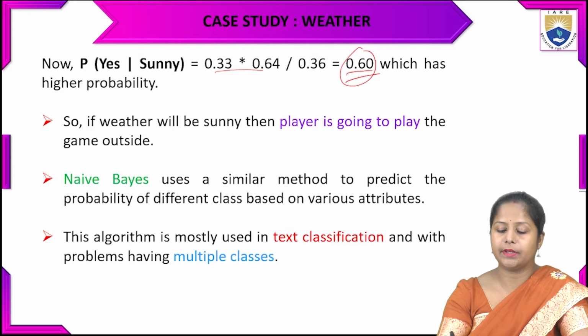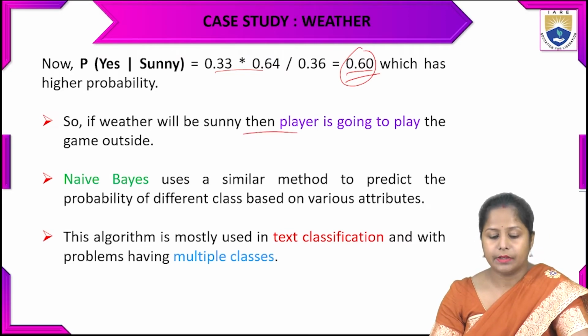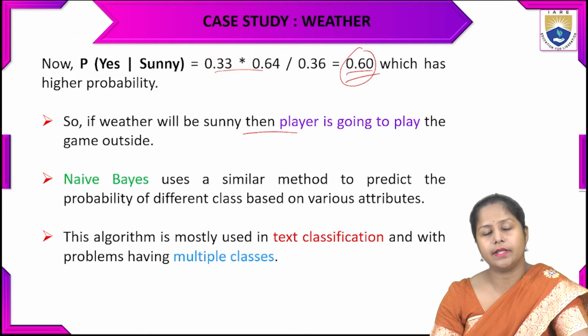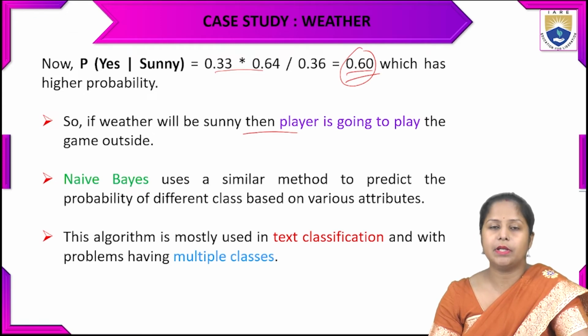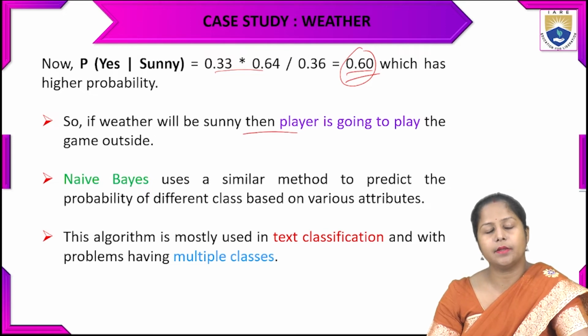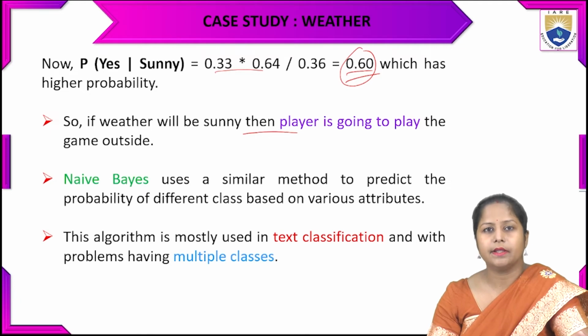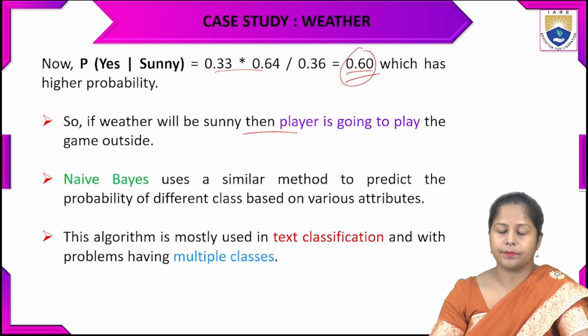So if the weather is sunny, then the player is going to play the game outside. The probability is more than 50%, so there is a chance, but not that strong a chance.